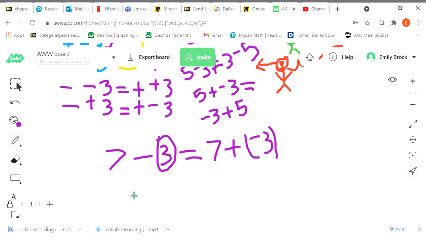And negative 4 minus negative 2, I'll put parentheses around that, could be rewritten, and note we only change what comes after the minus sign, as negative 4 plus 2. The minus becomes plus, and the negative 2 becomes positive, because we were taking away negatives.